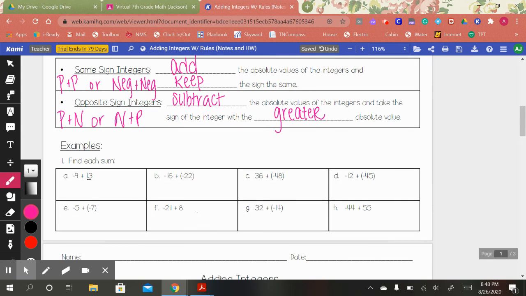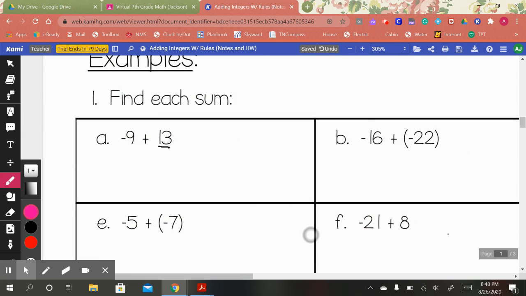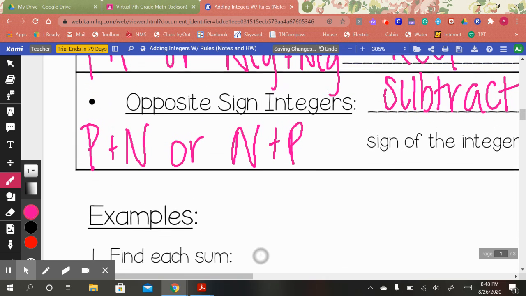Okay, so what I like to do and what I tell all my students is that when we are working the examples, try and make this bigger, we need to decide if we are adding or subtracting first. So I am going to look at my signs on A. Since they are opposite signs, then I know I'm going to subtract because that's what my notes told me up here.